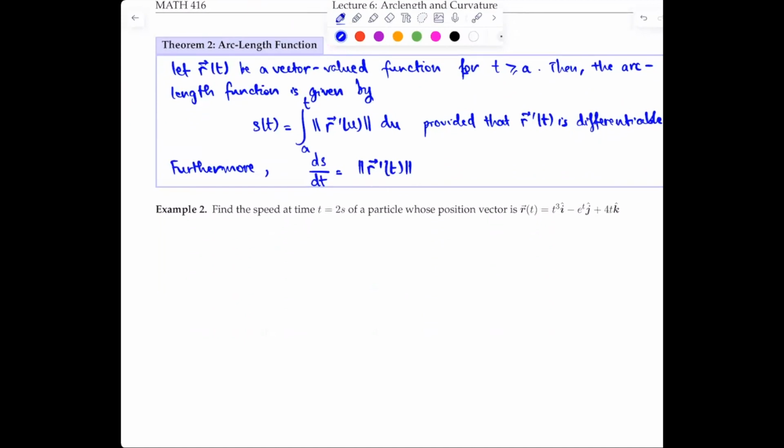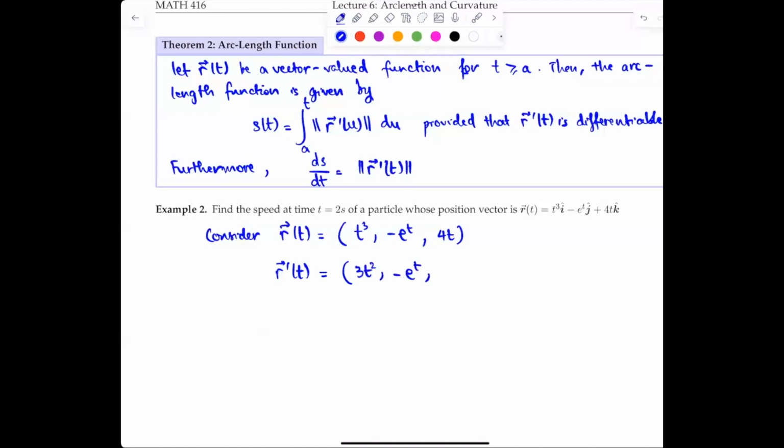So consider r of t equal to t cubed, comma, negative e to the t, comma, 4t. You take the derivative of the vector valued function and you obtain the tangent vector. This is 3t squared, negative e to the t, comma, 4. Then you calculate the magnitude of the tangent vector.